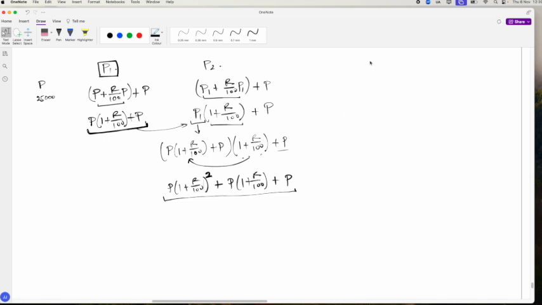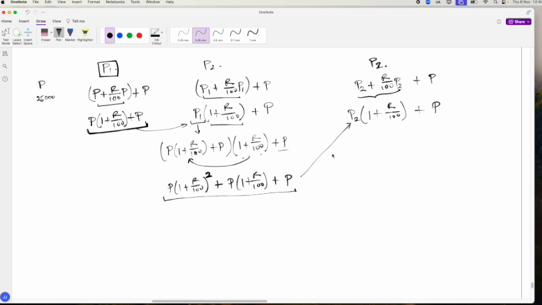So let's try to find P3 this time. P3 will be the same thing, P2 plus R percent of P2, and then we add in another P. And of course, P2 is all of this. So let's factor this out first. It'll be P2 into 1 plus R over 100 plus P.